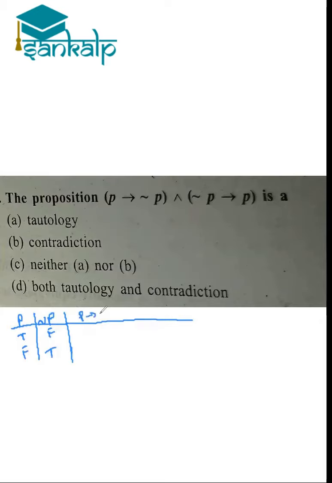So first we have P implies negation of P. T implies F will be F, and F implies T will be T. Next we have negation of P implies P. Negation of P implies P is, F implies T is T, and T implies F is F. And then we connect these using the connective and.